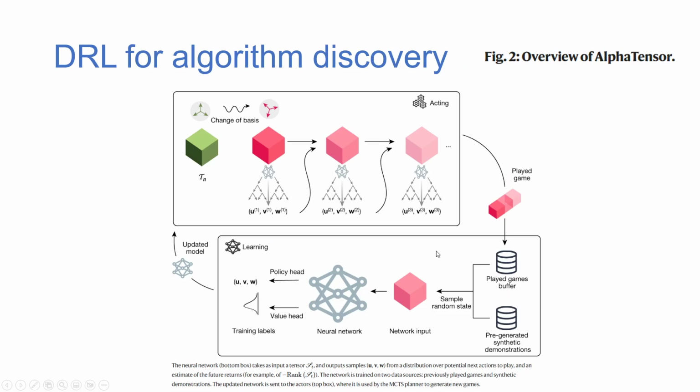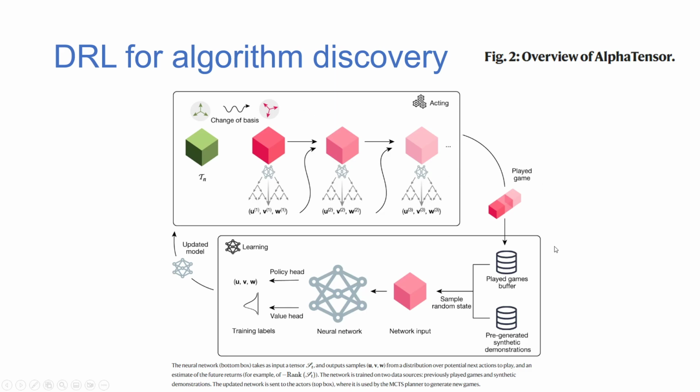So here's the agent. The agent is going to have two components. One of them is to get the experiences, to actually get the successful decompositions, and another component is for the training.